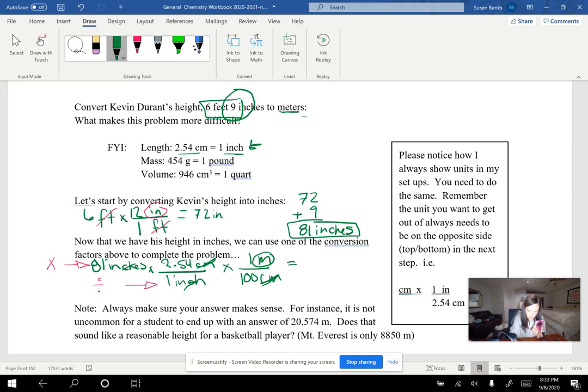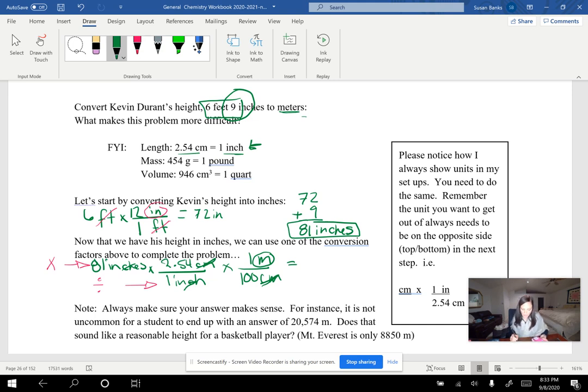Let's turn on my calculator first. 81 times 2.54 divided by 100. When you do your thing, you should be able to have just 81 times 2.54 divided by 100.